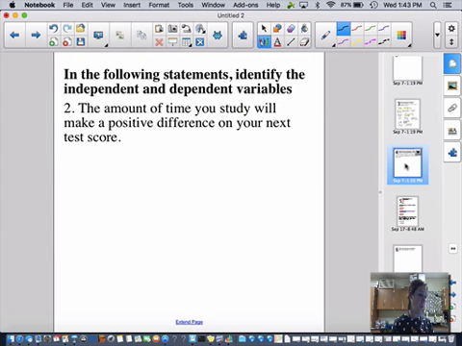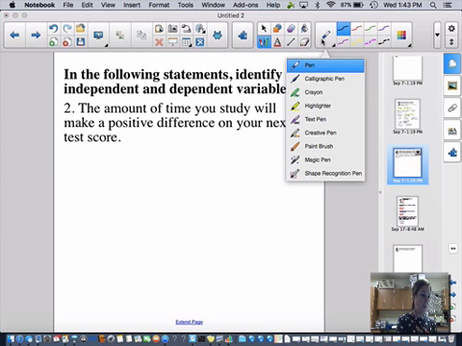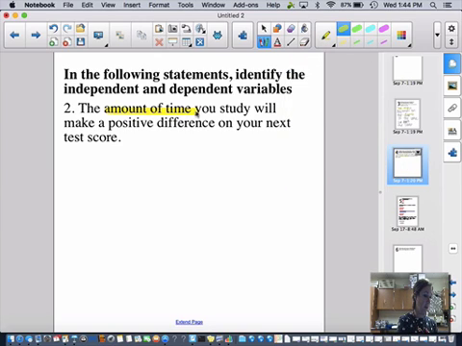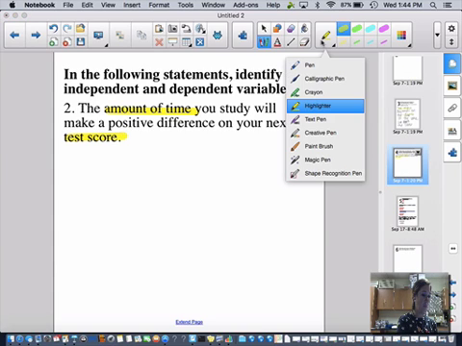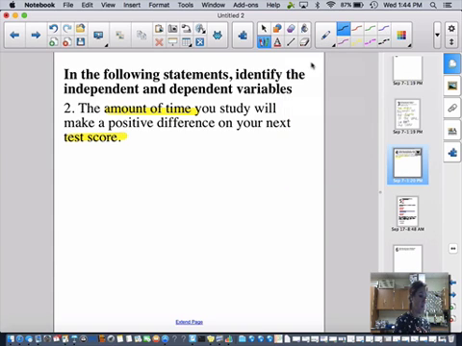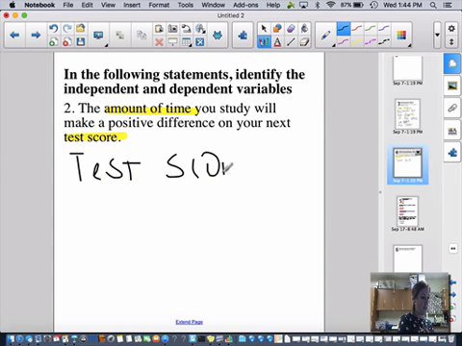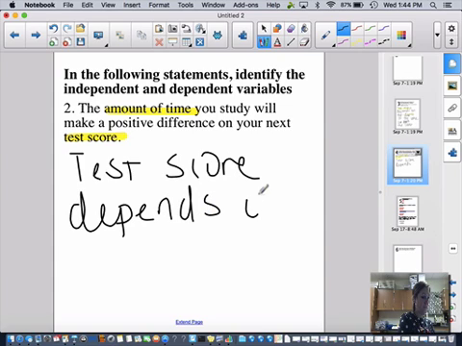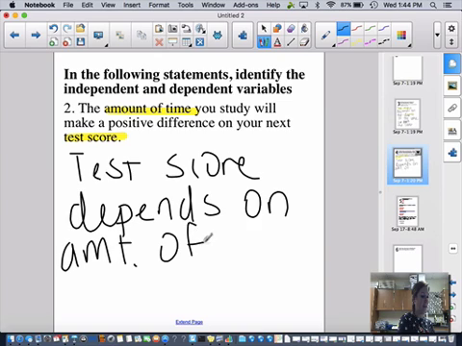Let's look at the second statement. The amount of time you study will make a positive difference on your next test score. So our two variables that we're looking at, the amount of time and our test score. So our test score depends on amount of time studied.